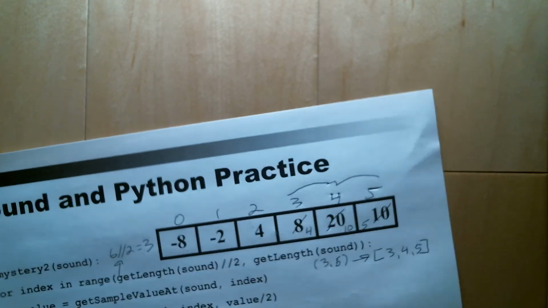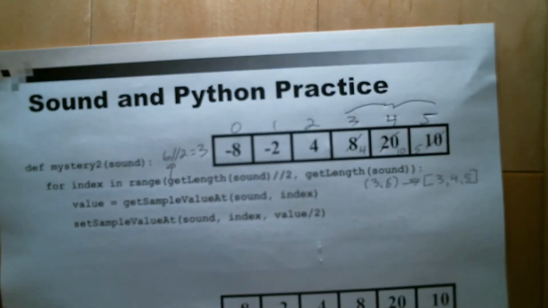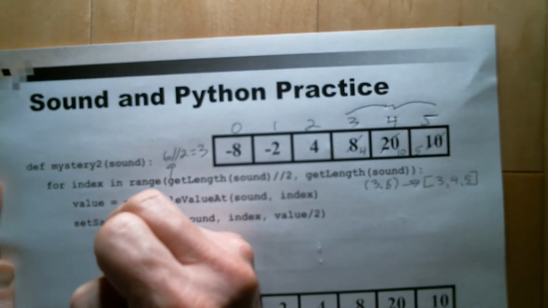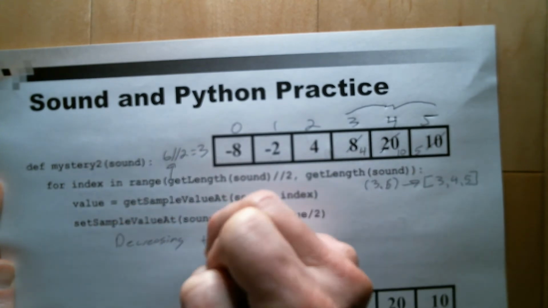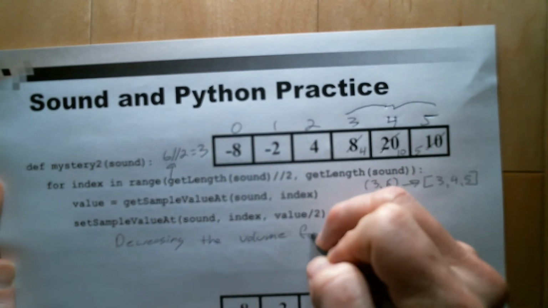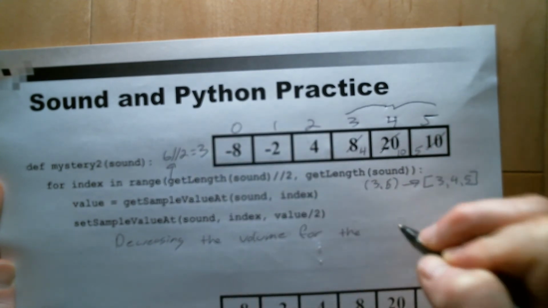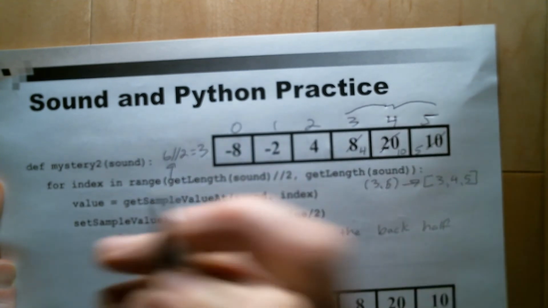All right, so in terms of what it's actually doing, when you double it, you're increasing the sound. When you cut it in half, you're decreasing the volume for the back half of the sound.